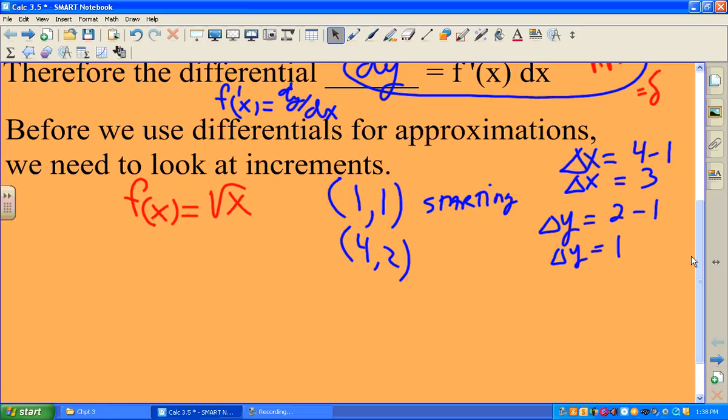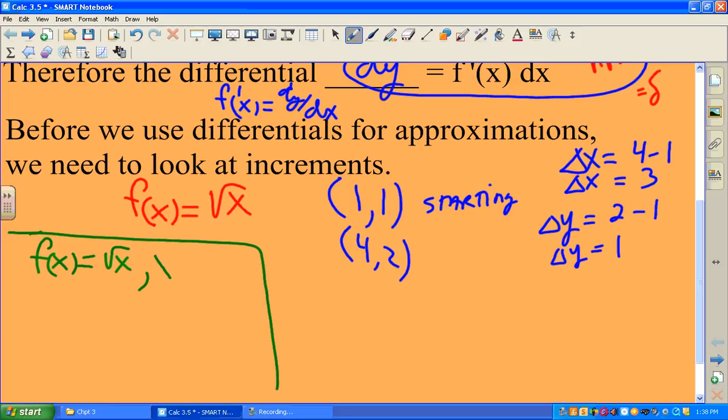Now, if I go to the flip side, let's say f of x is equal to the square root of x, x equals 1 and dx equals 1. The questions change. I have 1 point, I have 1 change in the point. What would dy equal?